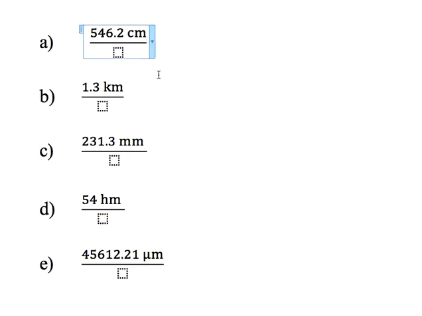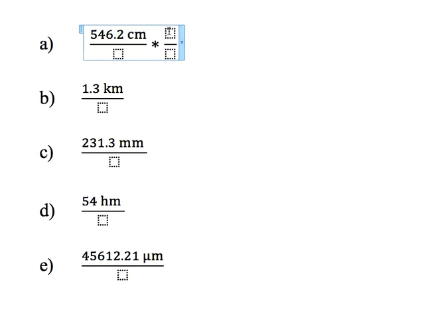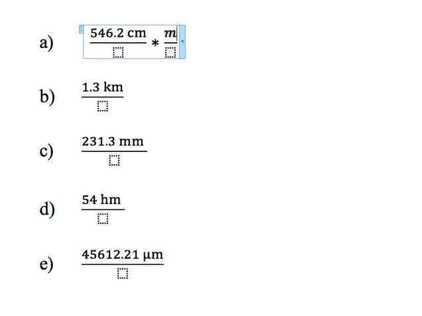So example problem number 6 says that we want these converted into meters. We're going to set it up like the conversion factor that we did on that previous slide. Because I'm starting with centimeters and I want meters, I'm going to put meters on top, and I'm going to put centimeters on the bottom.